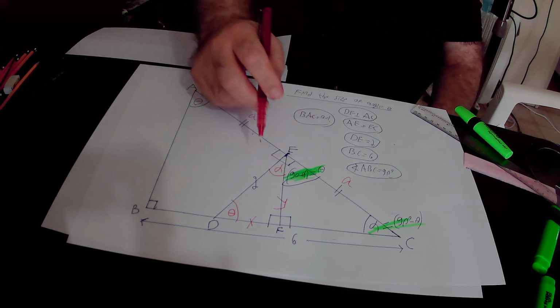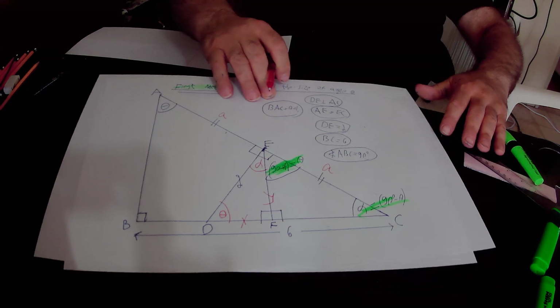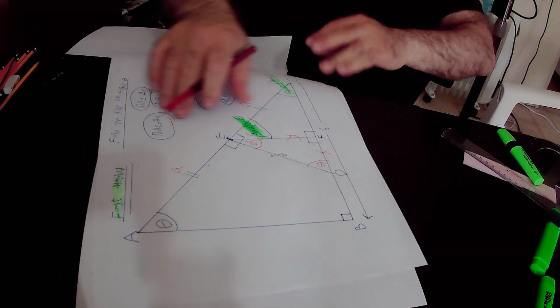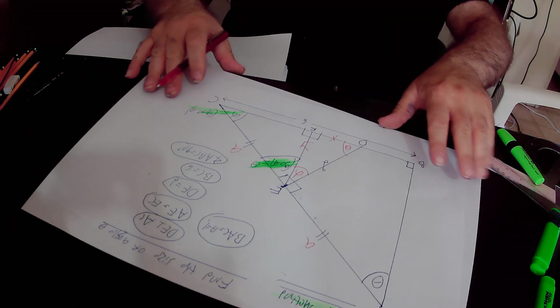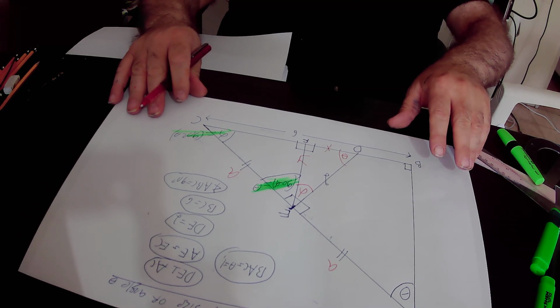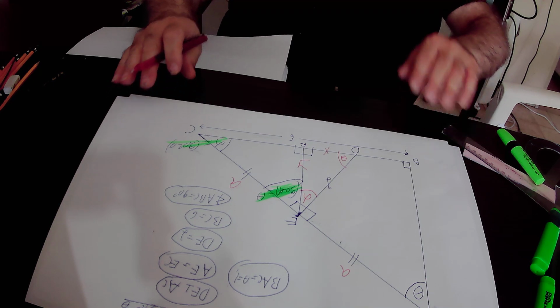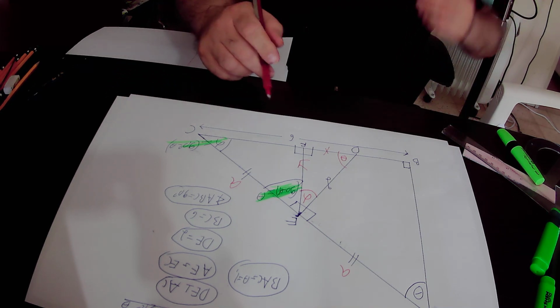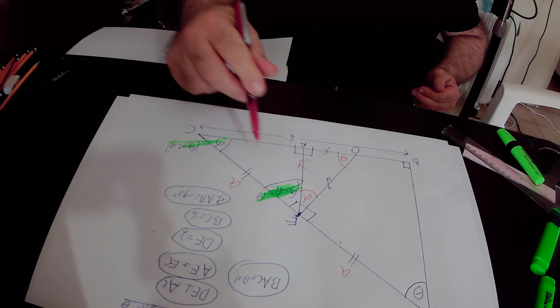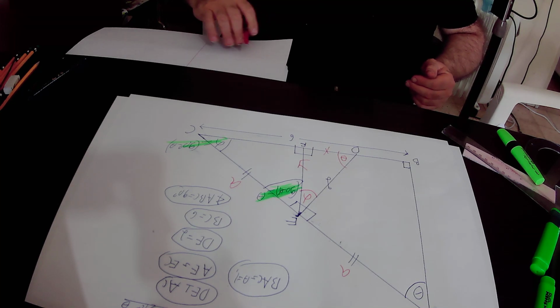EF is Y, and here FC, it is EF over EC. I repeat again.